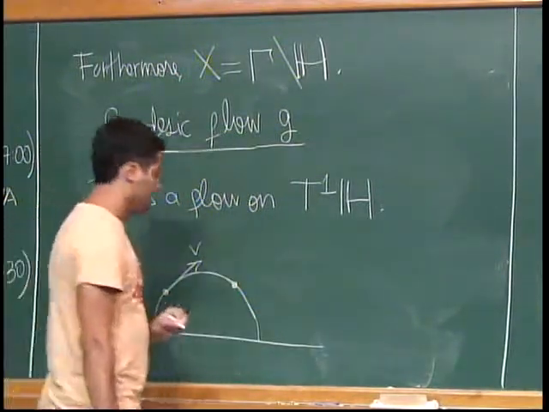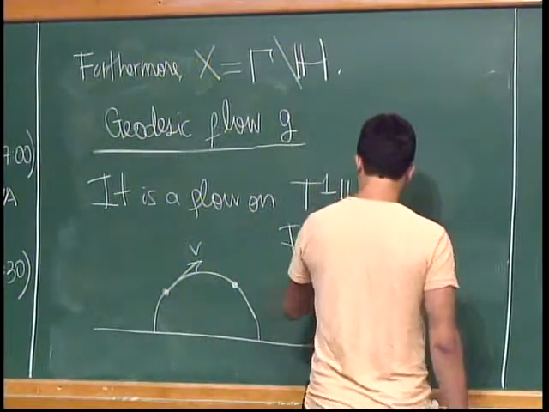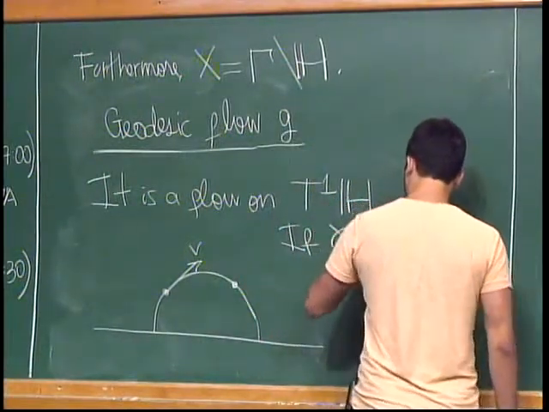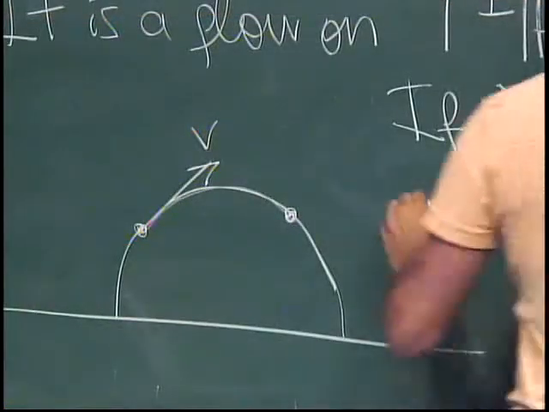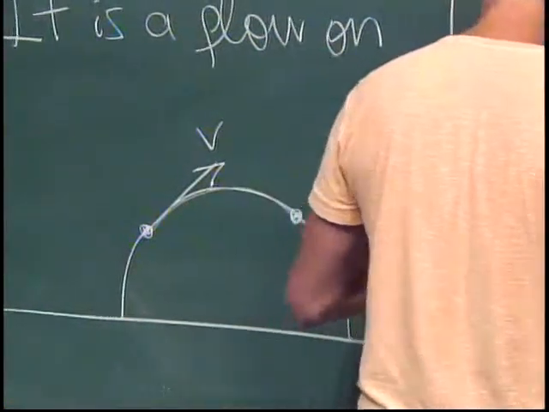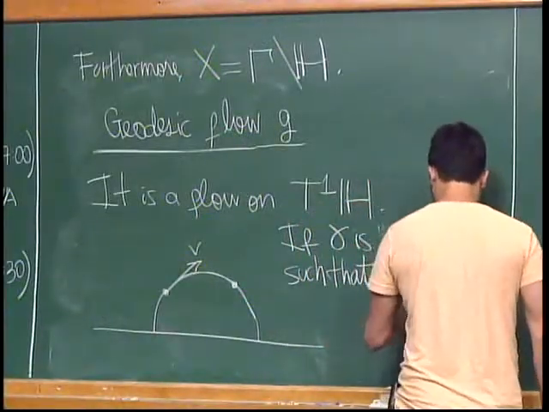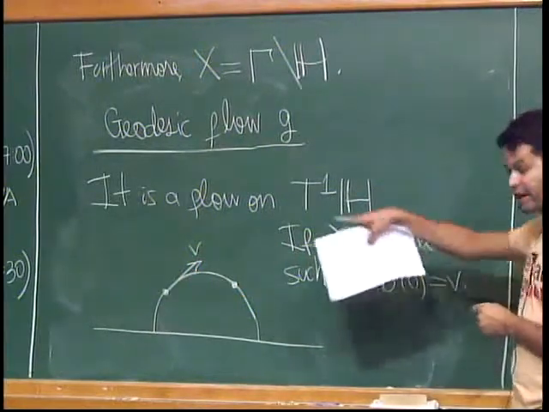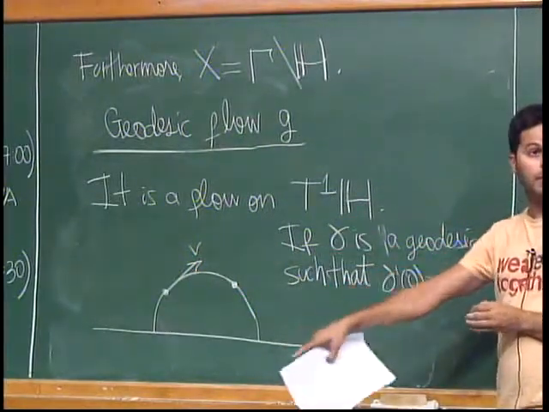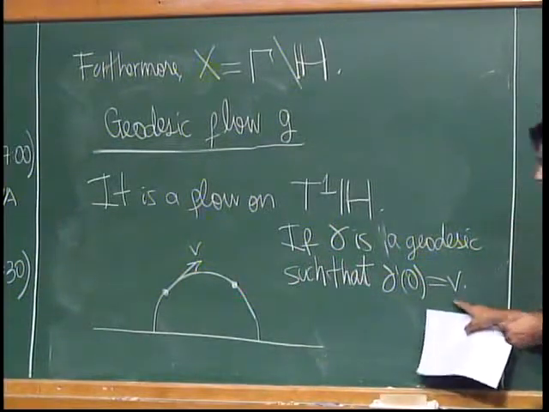Okay? So if gamma is a geodesic such that gamma prime of 0 is equal to v. And by this, I mean two things: that the base points are the same, and the speed vector that it defines is v.